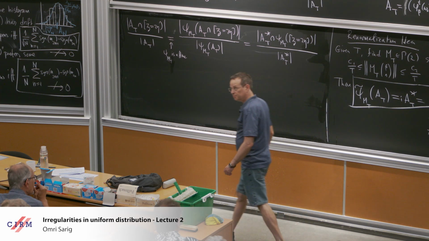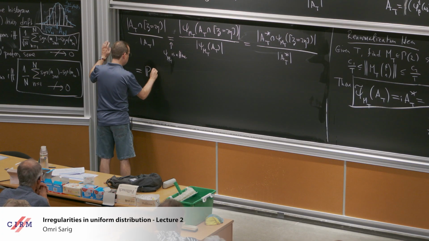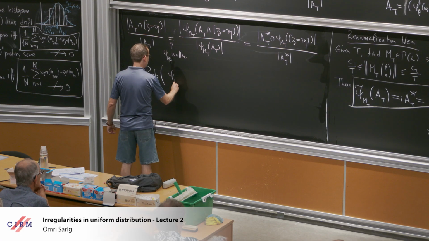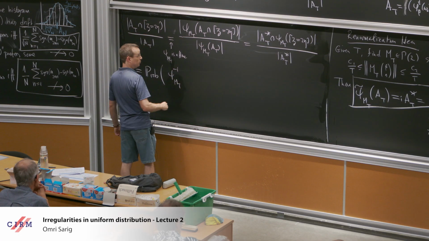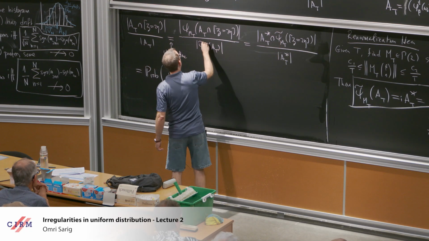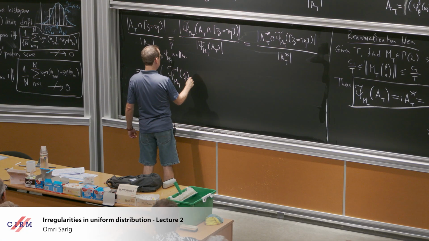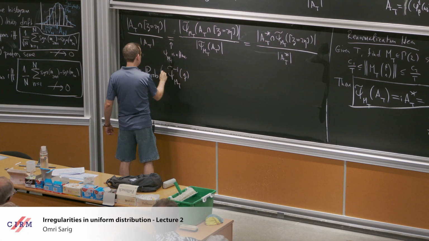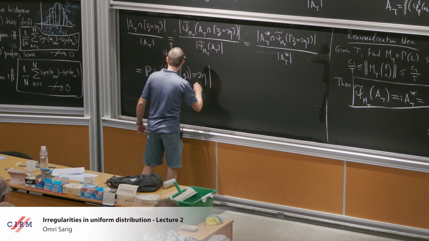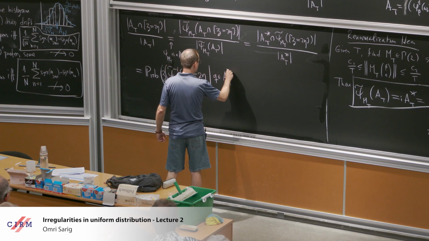And I can think about this as the probability, I will write it and then I will explain what I mean. The probability that psi mt inverse of q z is equal to eta, given that q belongs to A_T star.